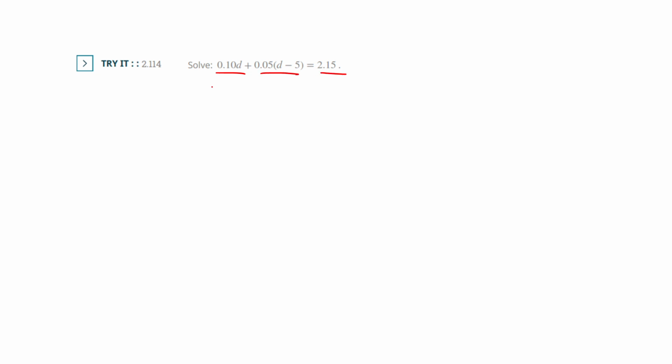It doesn't have to be 100 to clear it out. But here are my groups. So I get 10d. The 100 is just multiplied by the 5. I don't have to do it to everything because this is all one group. Okay, now let's clean up. Got to distribute through there.